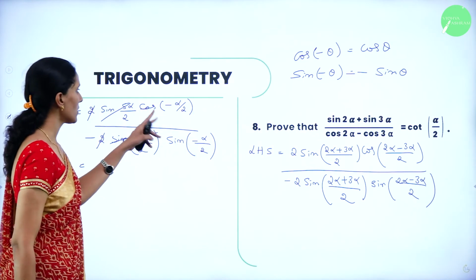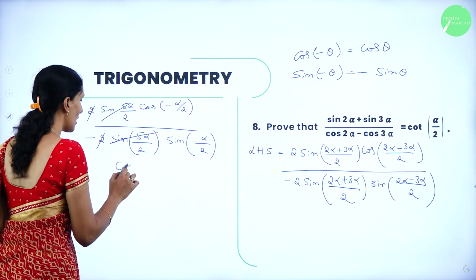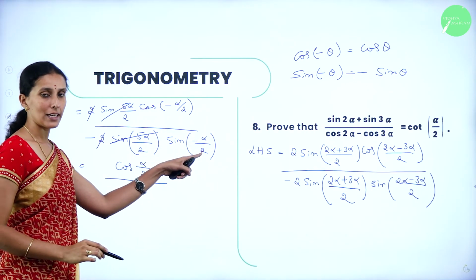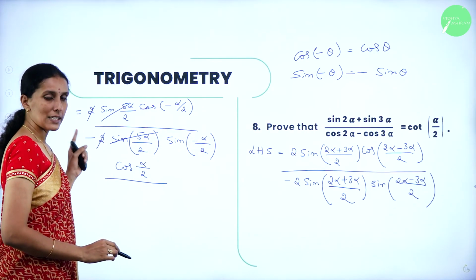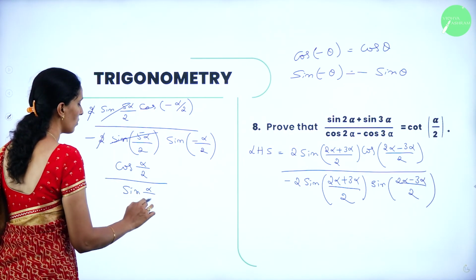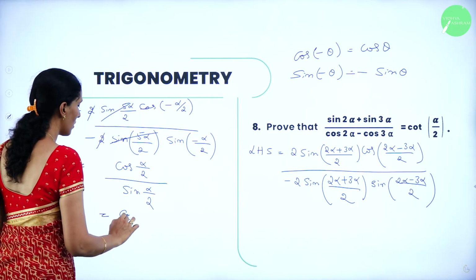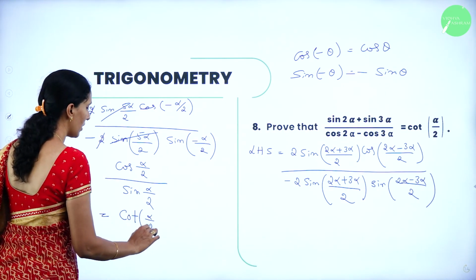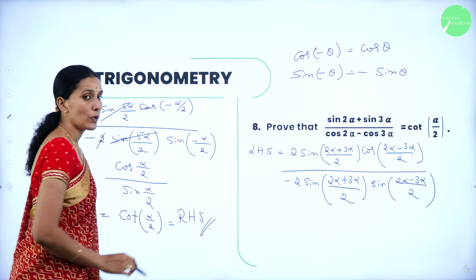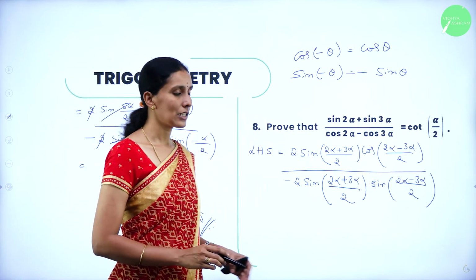So here even though it is cos of minus theta, you can write it as cos alpha by 2 divided by, here it is sin of minus, outside you have minus, minus into minus becomes plus, so sin alpha by 2. Now cos by sin is cot of alpha by 2, that is equal to the right hand side of the result which is required. Hence the result is proved.